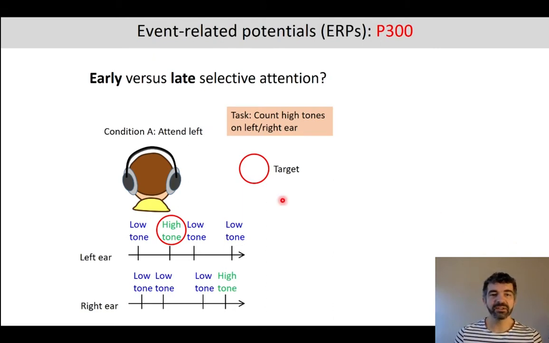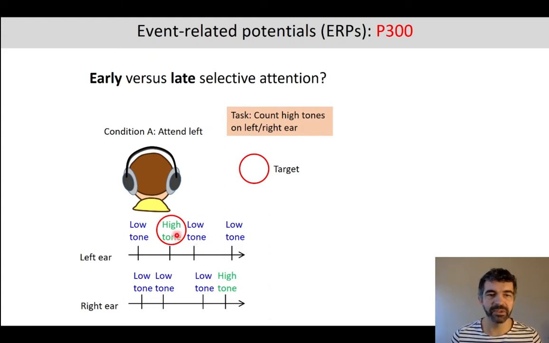So in this task, participants wore earphones, and they heard tones on both the left and right ear. In this condition, condition A, participants had to only respond to high tones on the left ear. They could disregard all tones in the right ear altogether, and they could also disregard low tones on the left ear.